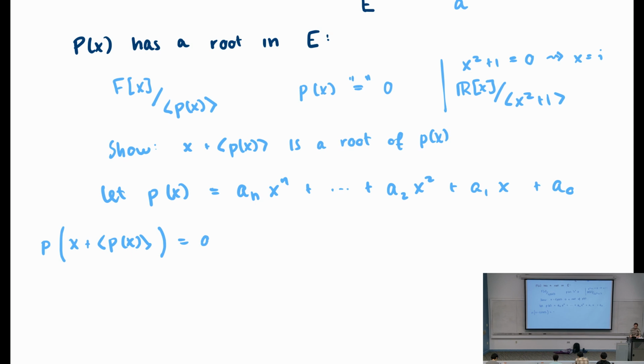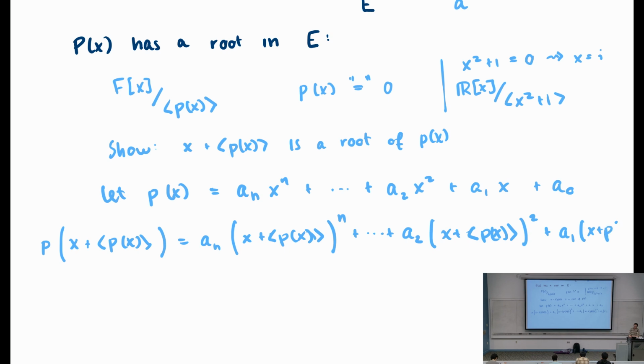What happens? We get a_n times (x plus the ideal) to the n, and so on down to a_2 times (x plus the ideal) squared plus a_1 times (x plus the ideal) plus a_0.